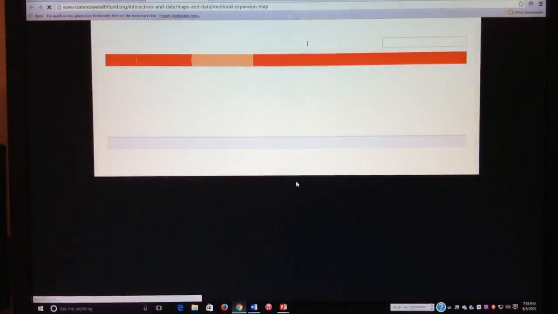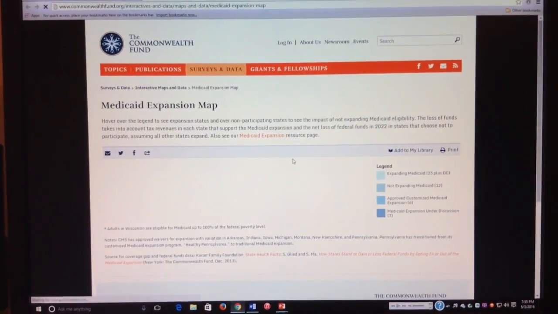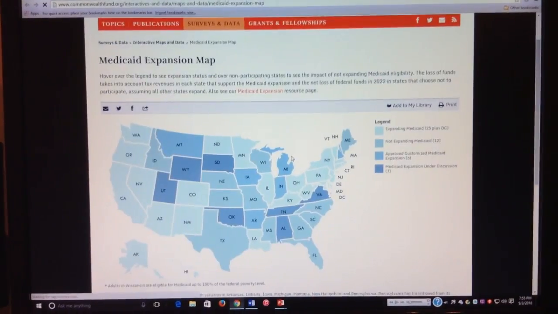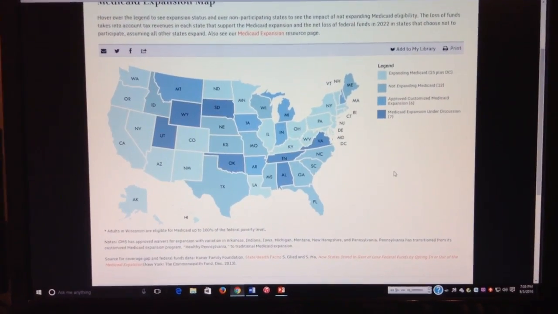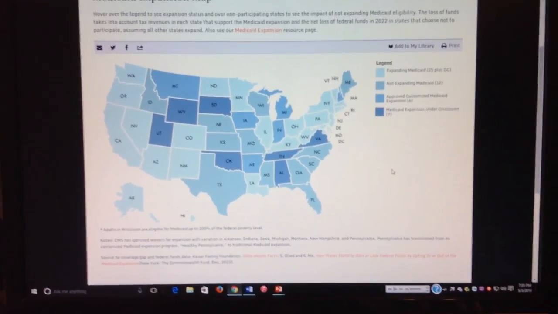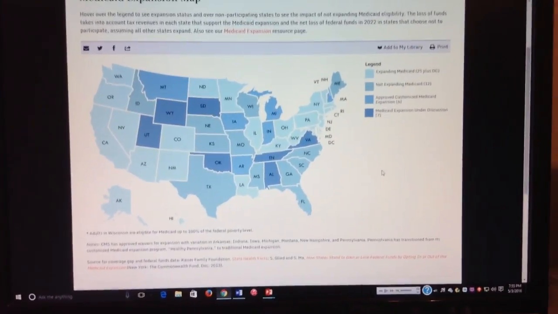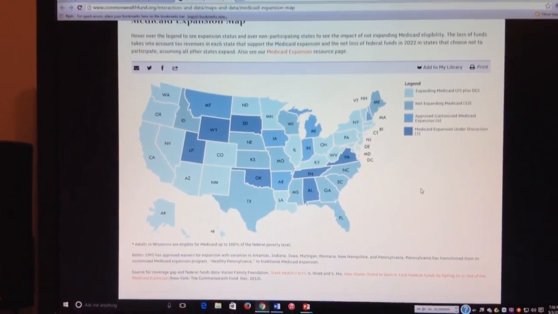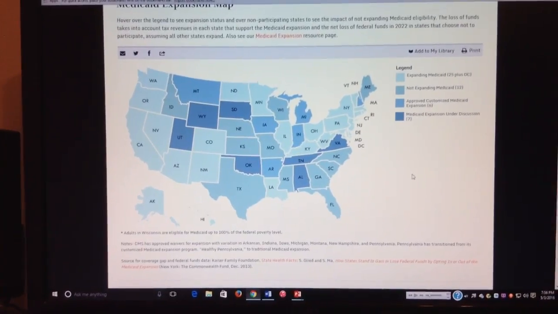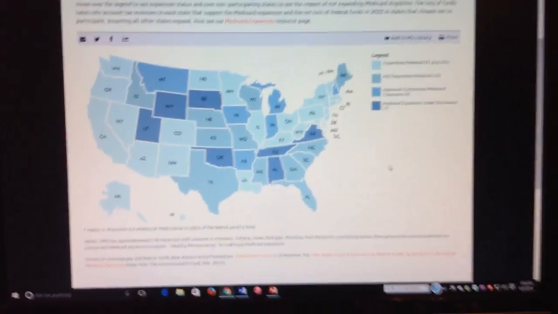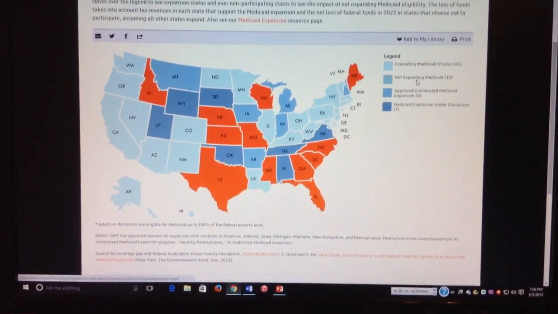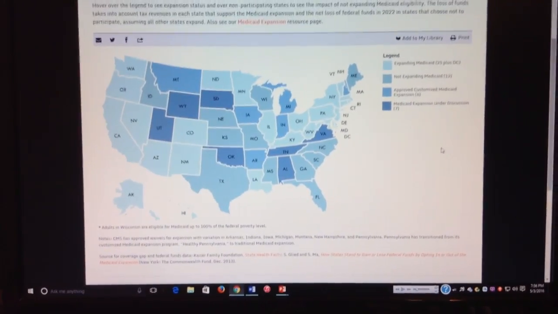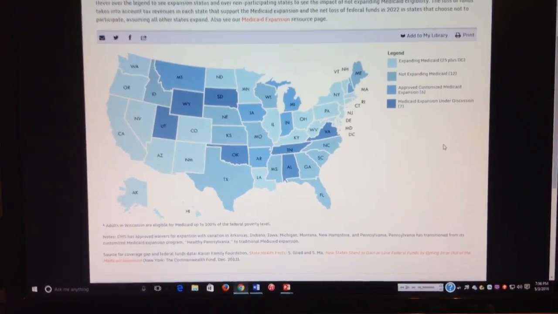If I can bring it up here. This here is a Medicaid expansion map, and it shows all of the states that are expanding their Medicaid services. So over here in the legend, you can just hover over each state to see where they are.